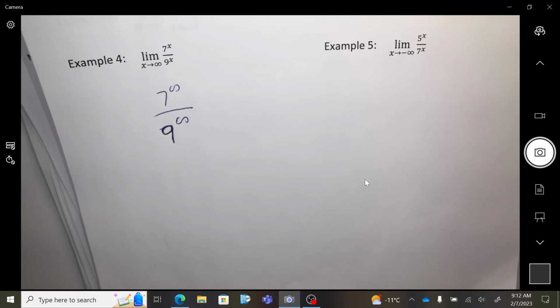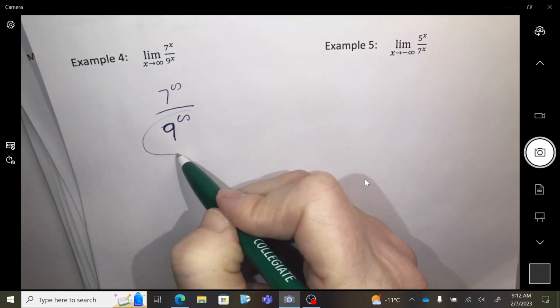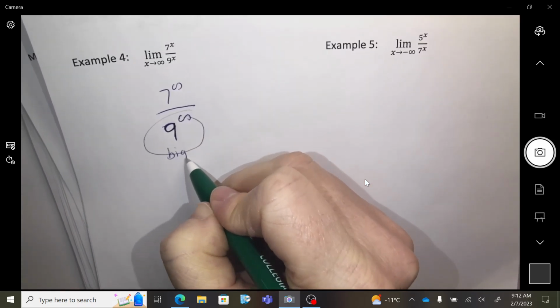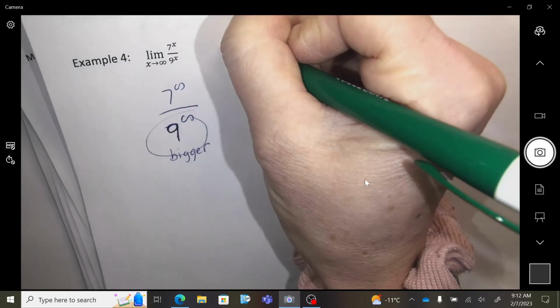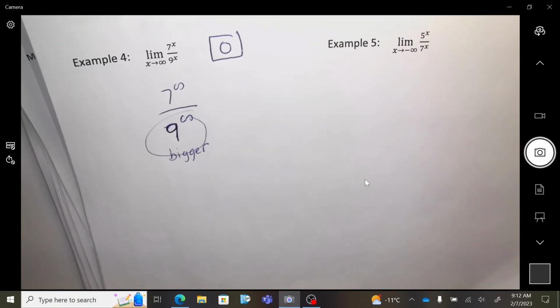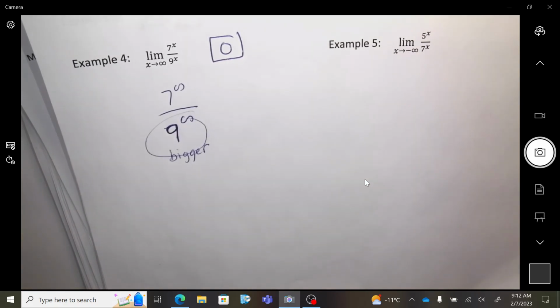Is one going to get a certain rate bigger than the other? This will be a bigger number, right? What's your conclusion if a bottom of a fraction is bigger? Do you remember the rule? 0. Okay, if the bottom of a fraction is bigger, your number gets to 0.